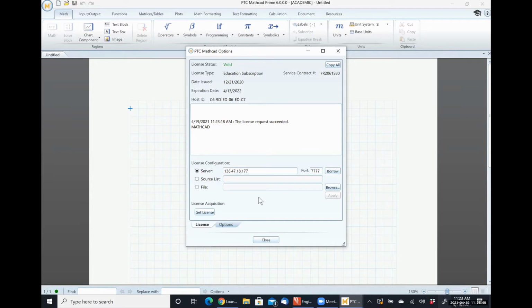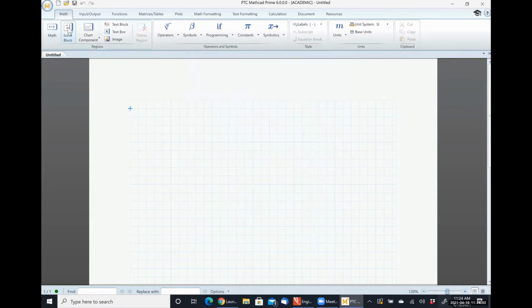License request succeeded. My port is correct. It says it's valid. Why is solve block... Oh, there it goes. Okay. All right, I was about to have a mild panic attack.